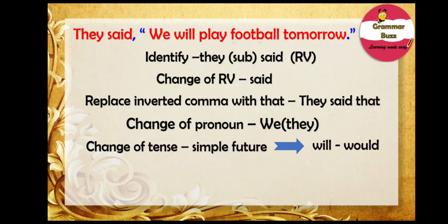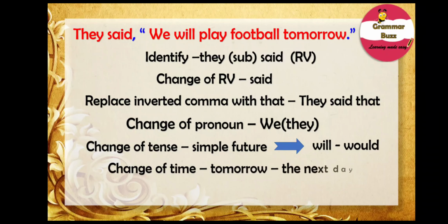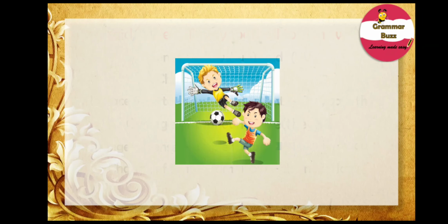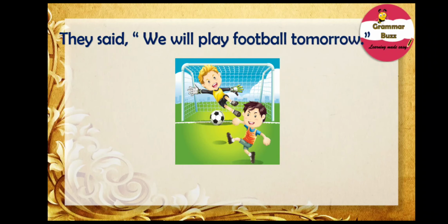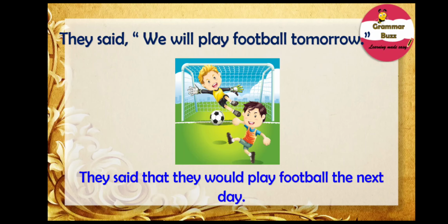The sentence is in simple future tense, so will is converted to would. The sixth step is change of time, so tomorrow gets converted to the next day. And we have our sentence. That is, they said that they would play football the next day.